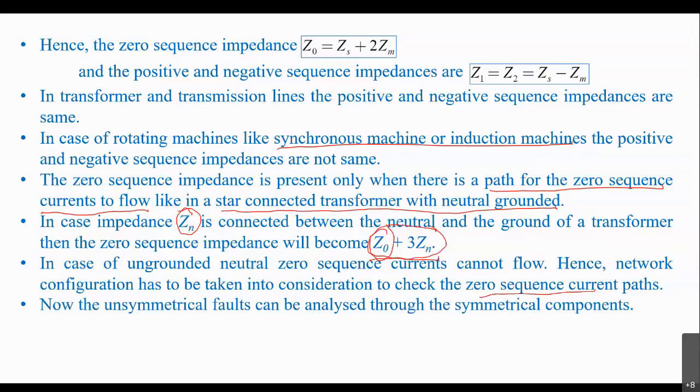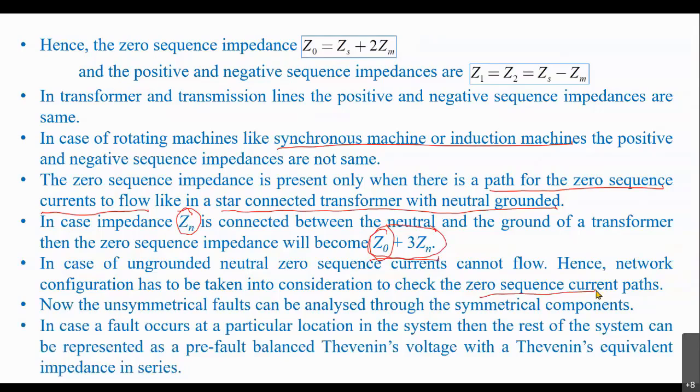Now the unsymmetrical faults can be analyzed through the symmetrical components. In case a fault occurs at a particular location in the system, the rest of the system can be represented as a pre-fault balanced Thevenin's voltage with a Thevenin's equivalent impedance. When we do fault analysis, which I think everybody has done in BTech courses, we find the equivalent circuit at the fault point, that we call a Thevenin's equivalent.